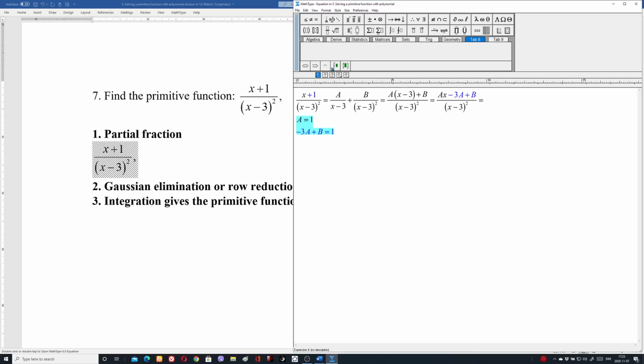so now we will continue the calculation.